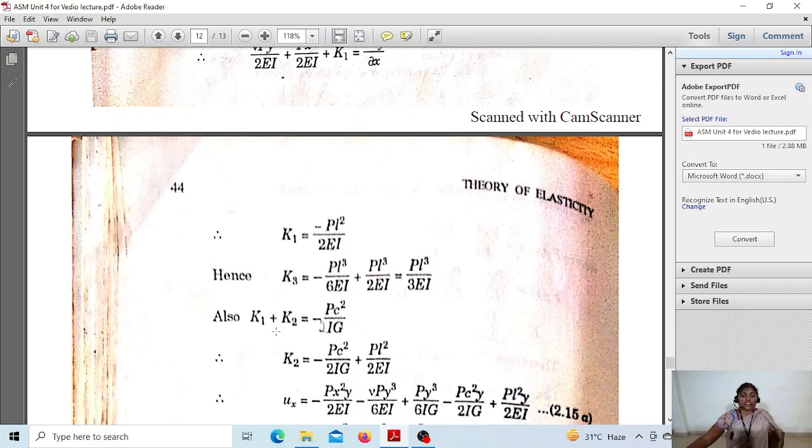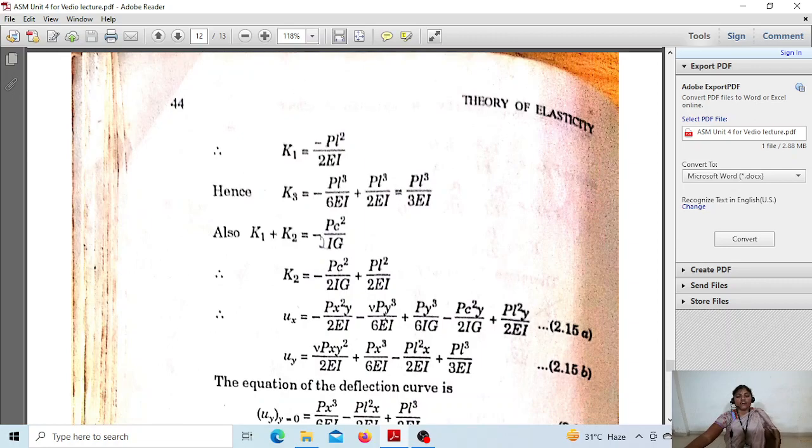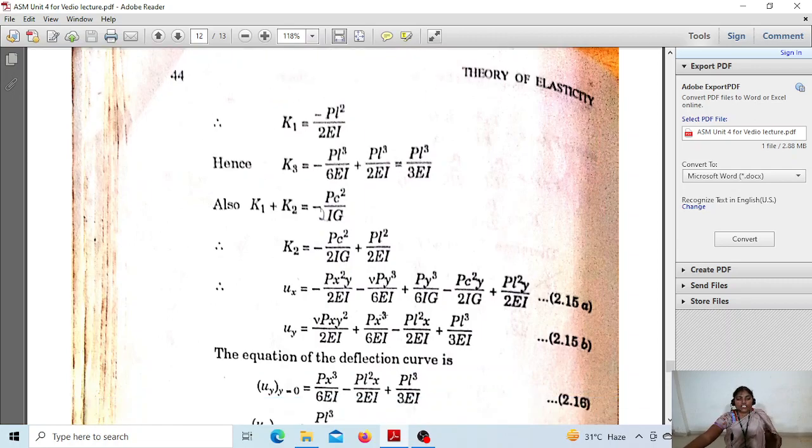Also, your k1 plus k2 is equal to minus pl square by 2Iz. Therefore, you will get k2 is equal to minus pl square by 2Iz plus pl square by 2EI. So you got all the constants k1, k2, k3, k4. Then again you resubstitute in ux.